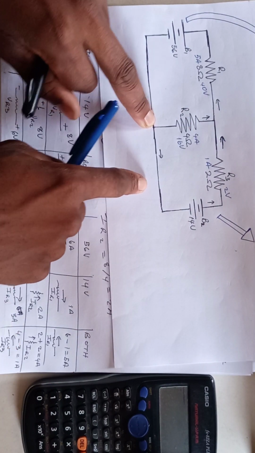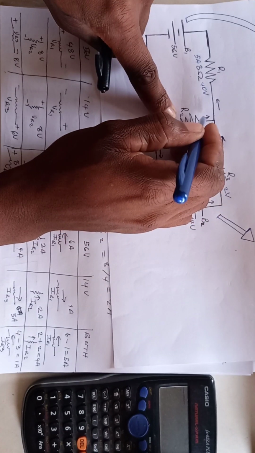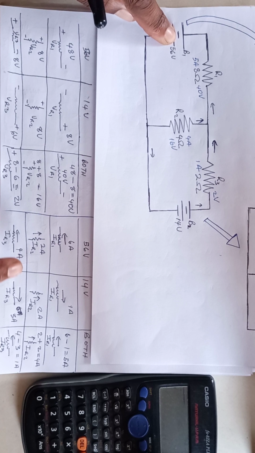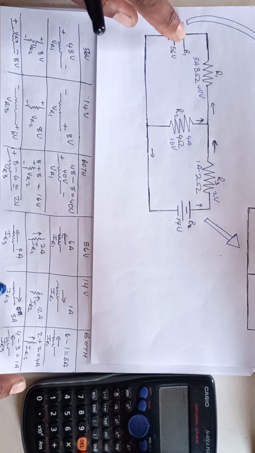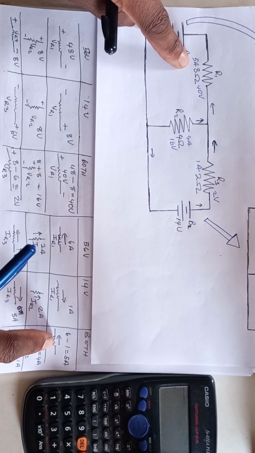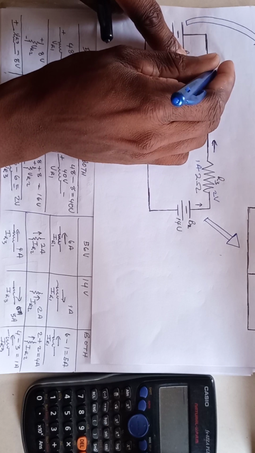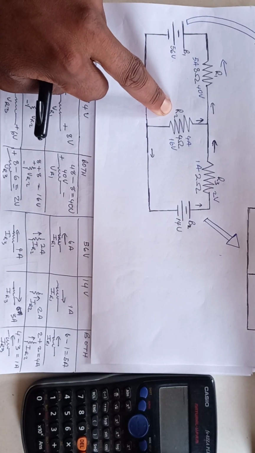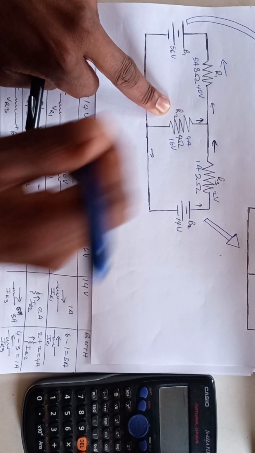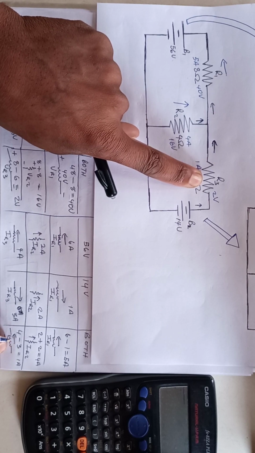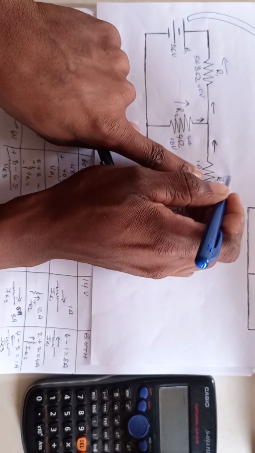Sorry, I'm making a mistake here. The electron flow across R1 is this direction, the electron flow across R2 is this direction, and the electron flow across R3 is this direction.